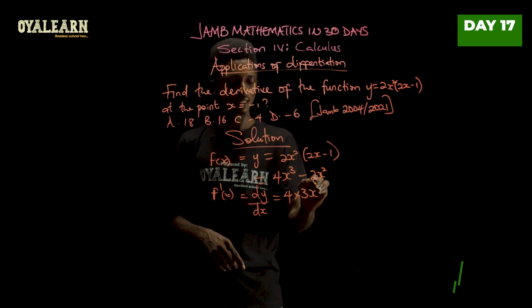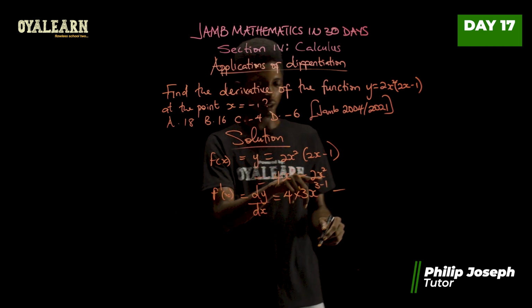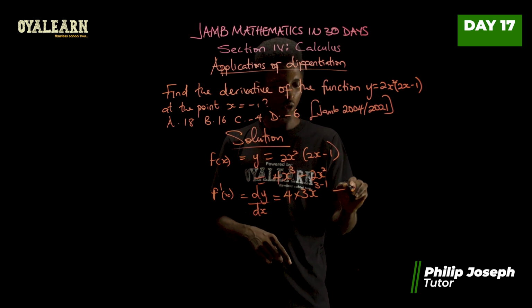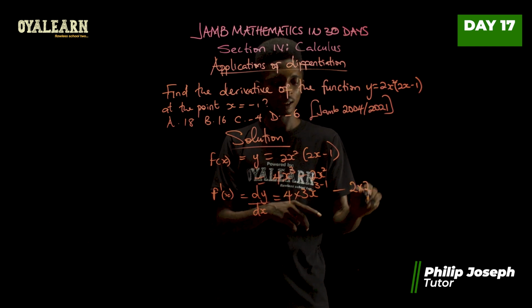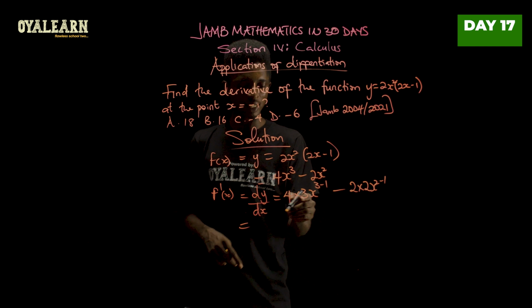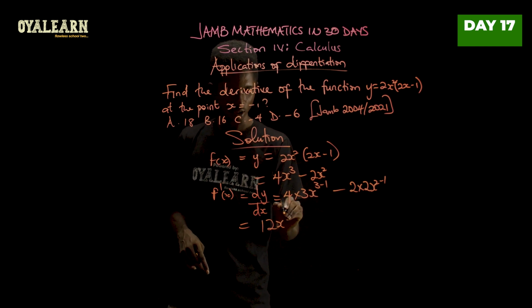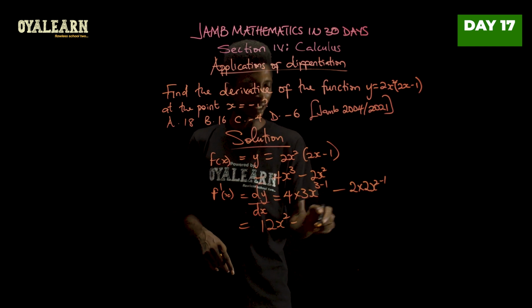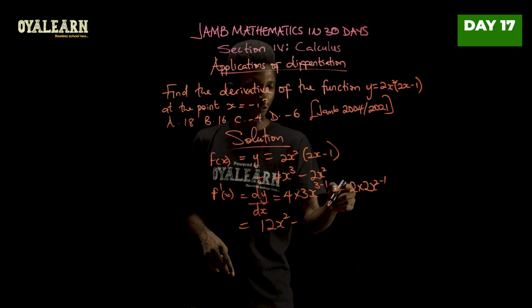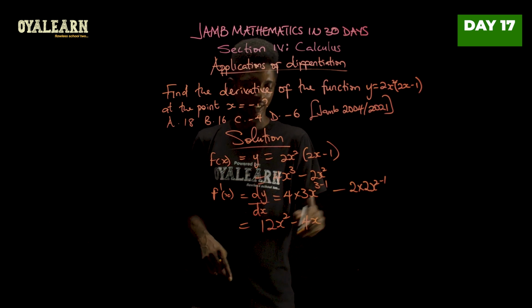Then we'll have x, then 3 minus 1. Now we go to the next one here. We're going to have the constant multiplied by the power, then x, 2 minus 1. Now what we get here is going to be 12, and this will be x squared. Then minus, here we're going to have 2 times 2 to give us 4, and then x.